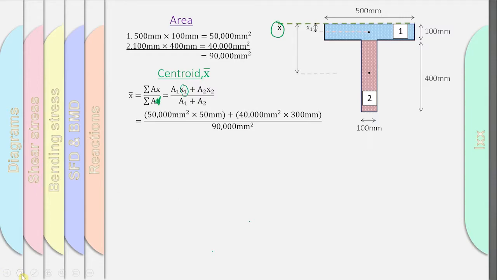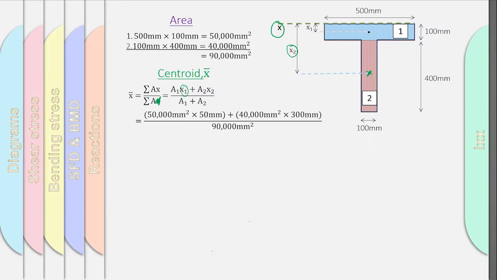If you look at where I letak all those arrows tu, here you nampak X2. Okay, jadi kalau you tengok daripada centroid ni pergi ke the axis here, pergi ke atas ni lah. Axis kat mana you letak? Kalau you letak kat bawah, semua pergi ke bawah. Kalau you letak kat atas, semua ke atas, at the very top of the beam.